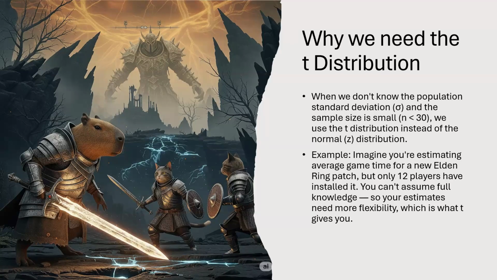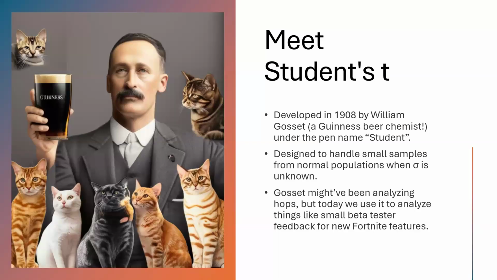That small sample means your estimate is a little more volatile, a little less stable, and the t-distribution helps you adjust for that extra wiggle room. So in short, when n is small and the population standard deviation is unknown, we don't throw up our hands. We use t instead of z to make better, more accurate inferences.